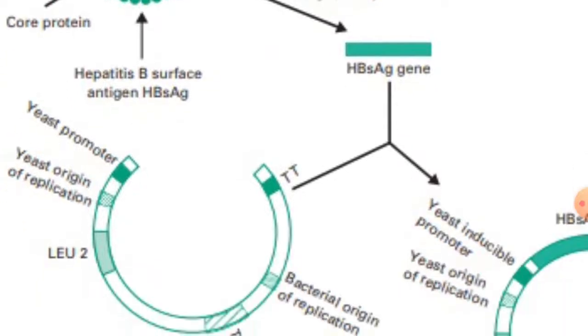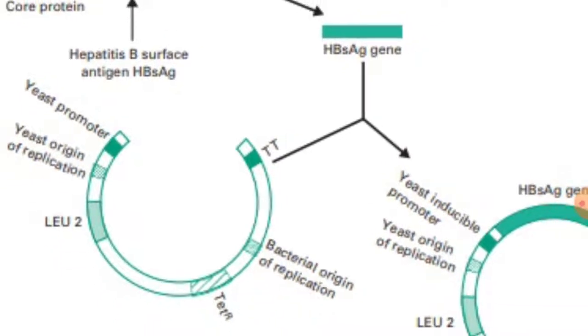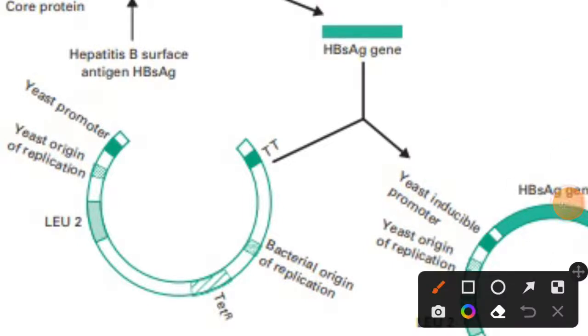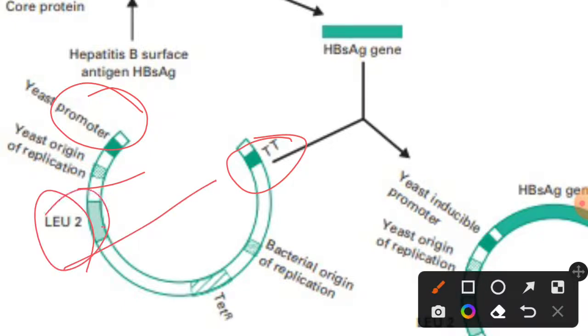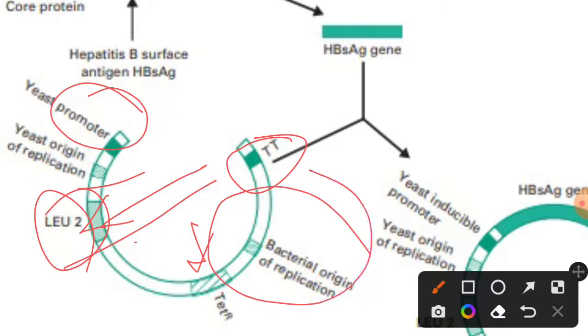Okay, so now it is clear that we want a protein, right? So the vector should be an expression vector. According to the normal properties of a vector, it should have a promoter for transcription, a transcription terminator site, a yeast origin of replication, a LEU2, that is a specific part of our yeast vectors, a tetracycline resistance part, and a bacterial origin of replication.